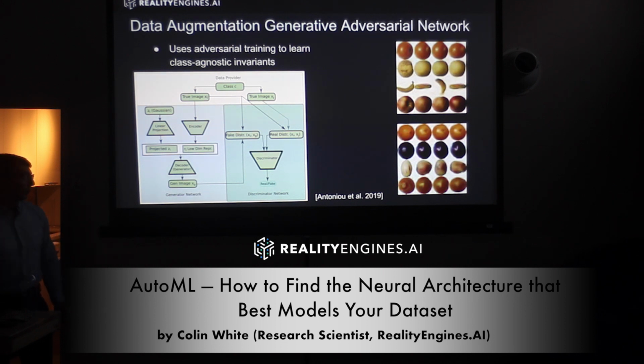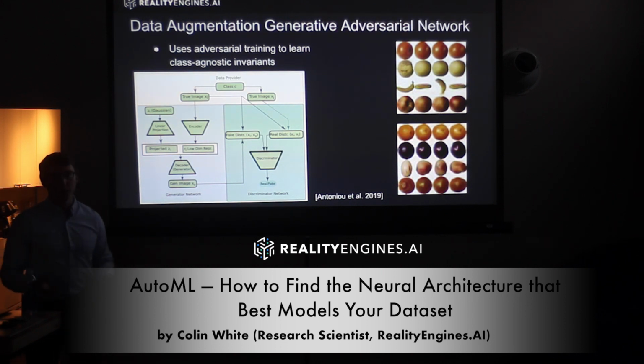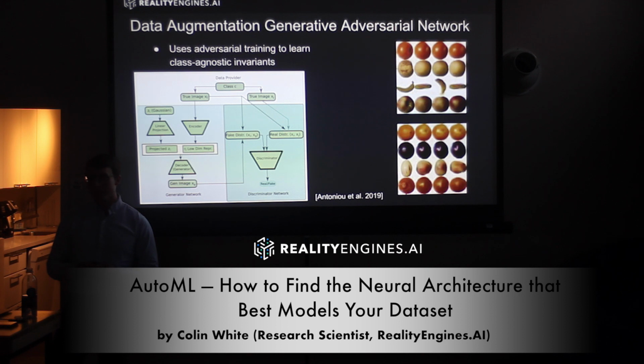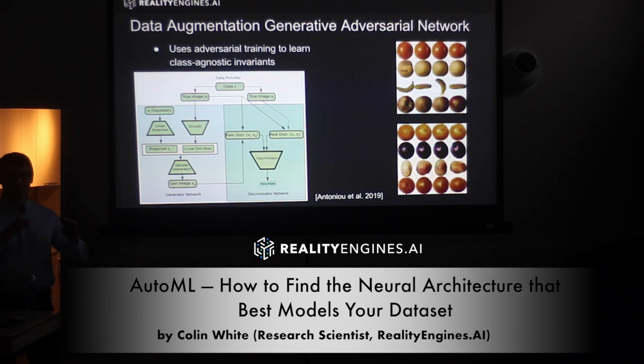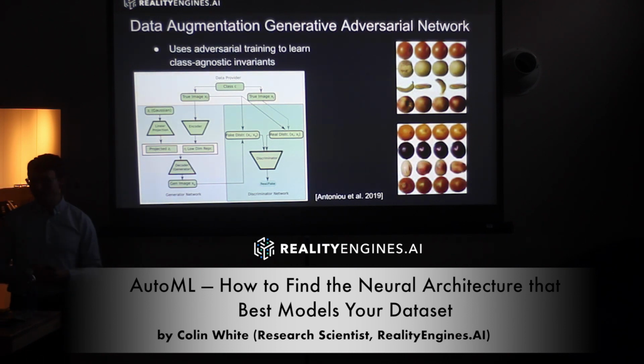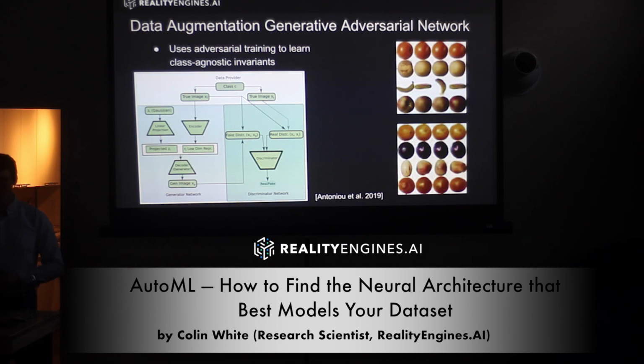The way the algorithm works, it uses what's called a generative adversarial network. This is a really popular generative model in deep learning, where if you've seen online those images of faces of people that don't exist, that's this algorithm generating those images. It's a really powerful generative model.